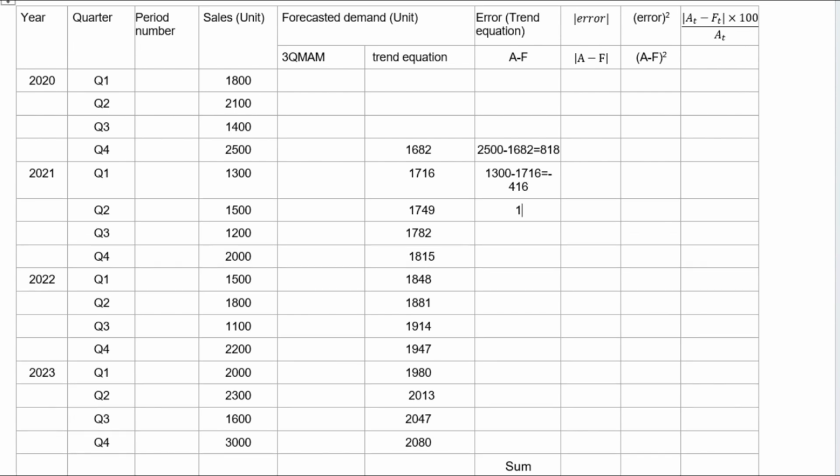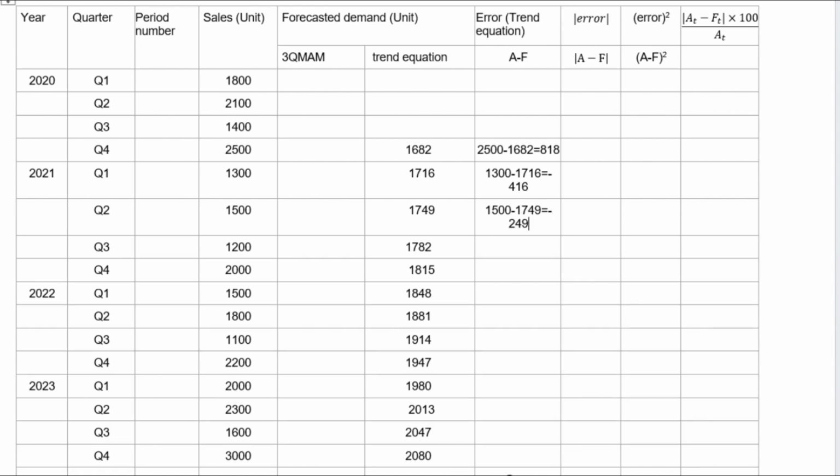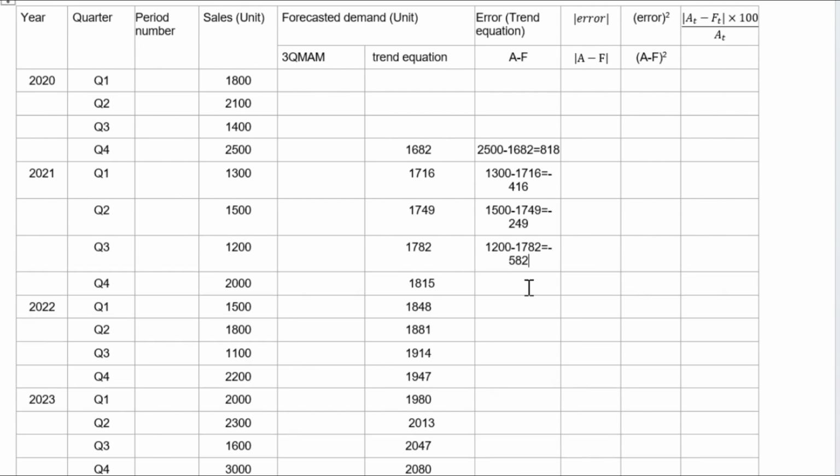The next period, it is 1,500 minus 1,749, and this is equal negative 249. For the next period, 1,200 minus 1,782, this is equal negative 582. Continue in the same manner till the end.